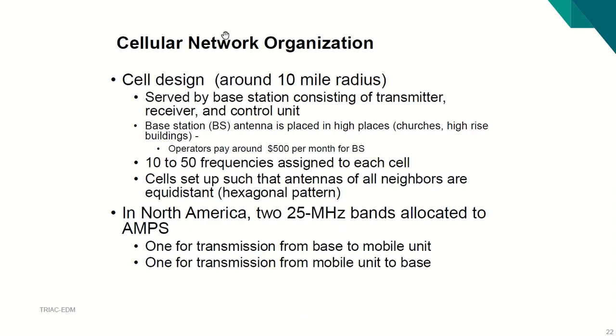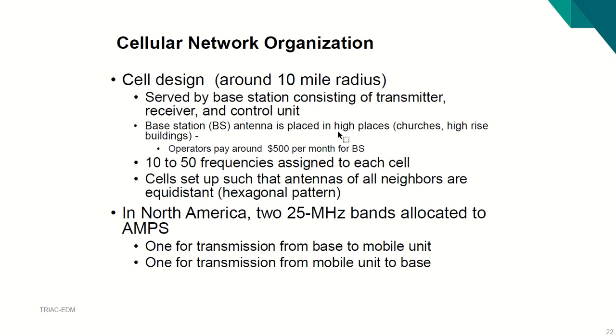Okay, and then cellular network organization: cell design is around a 10 miles radius, served by a base station consisting of transmitter, receiver, and control unit. The base station antenna is placed in high places. As you can imagine, if the antenna is not in high places, what problem do we have?